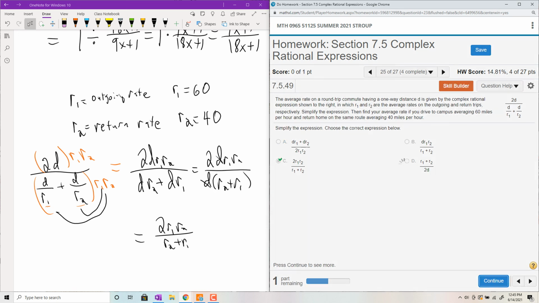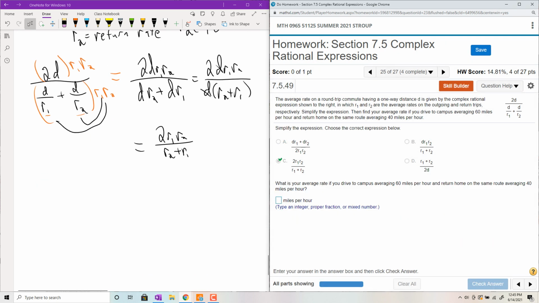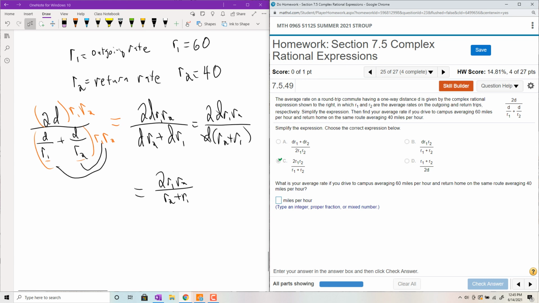And then they want us to evaluate this for our given values 60 and 40. So this will be 2 times 60 times 40 all over 60 plus 40. It seems like it's 2400 times 2 all over 100.